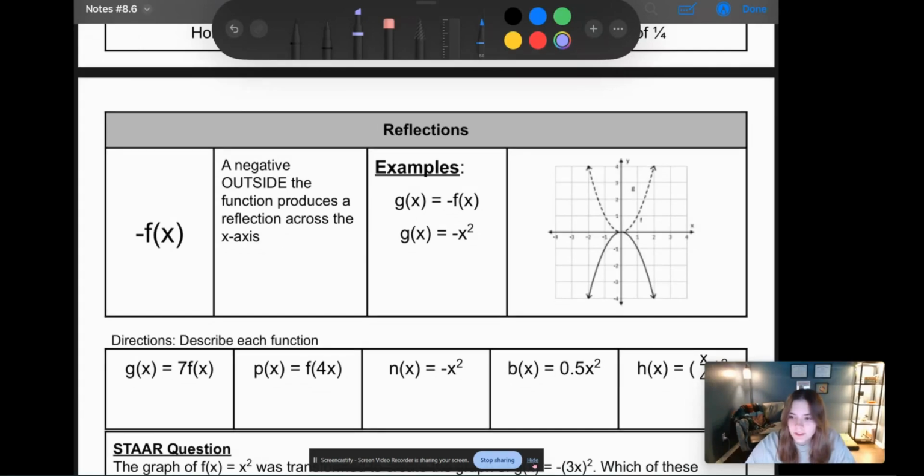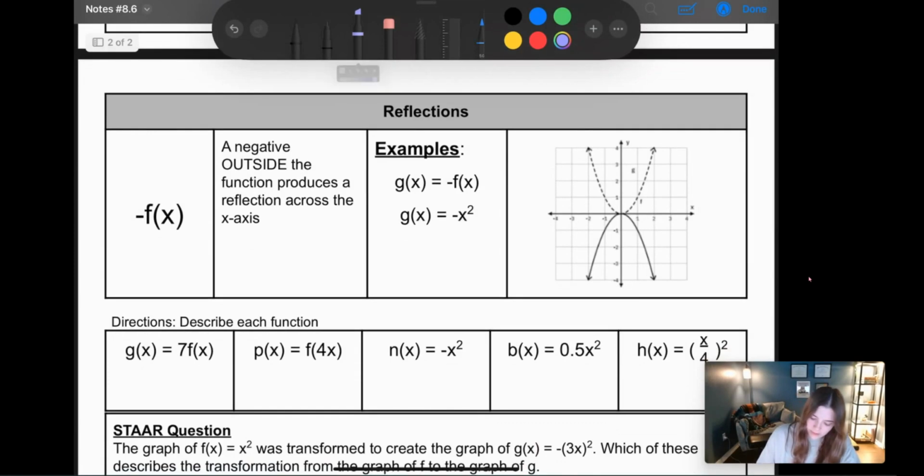A reflection. As you can see, our original was going this way, right? It's our U. Well, now a reflection caused it to flip, reflect the other way, okay? When you get a reflection, that is when a negative is outside of the function.